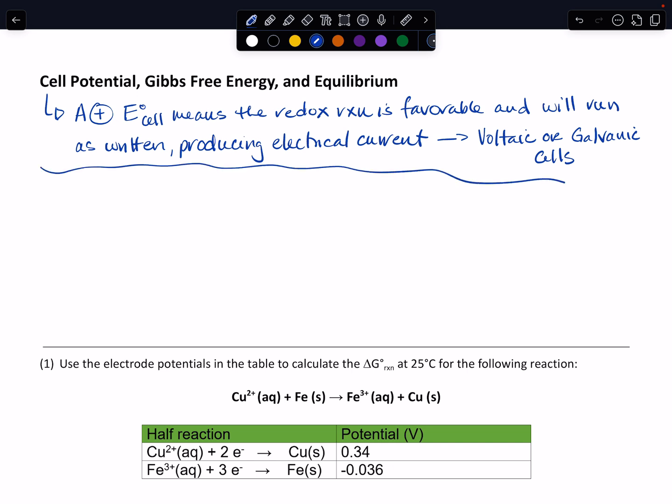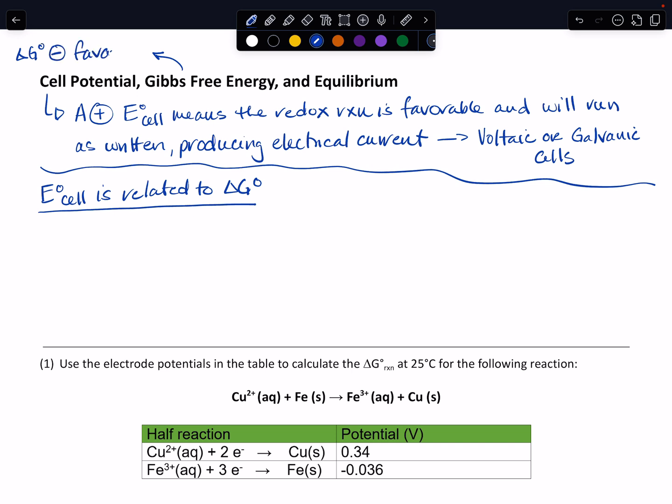All right, now with that in mind, we can actually relate this cell potential to delta G. Remember, when we talked about delta G in our earlier looks, delta G needs to be negative to be favorable.